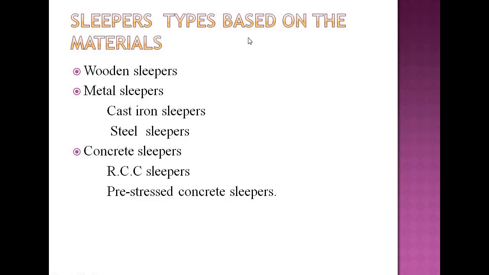Sleeper types based on the materials: wooden sleepers, metal sleepers, concrete sleepers. Earlier days we utilized these, and based on the availability of the materials we have this classification. Among these, concrete sleepers are what everyone can see nowadays in the railway tracks. They are nothing but RCC sleepers or pre-stressed concrete sleepers.